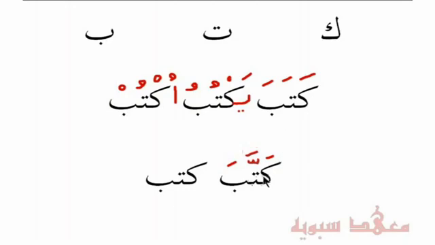This actually gives intensification of this verb, meaning it's done many times. So the writing has been done many times, or it's been done in a very emphatic way. Imagine somebody, I guess, writing a letter to some oppressive ruler and he's telling him what he actually thinks of him. That would be considered kattaba.